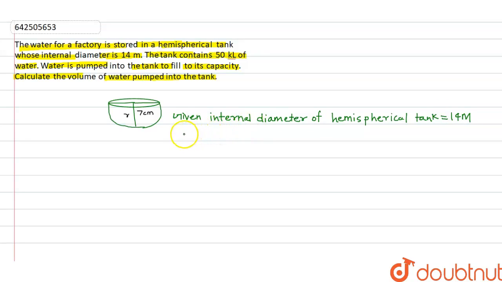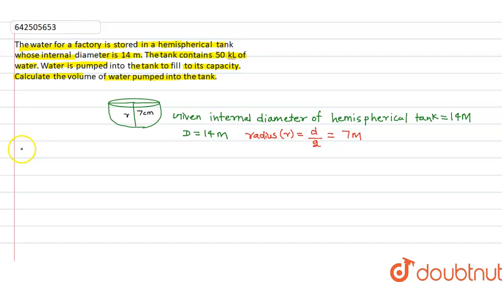So here D is equal to 14 meter. So we can get R, it means radius, is equal to D by 2. So we get 7 meter.